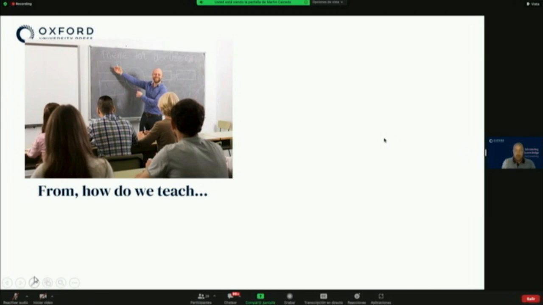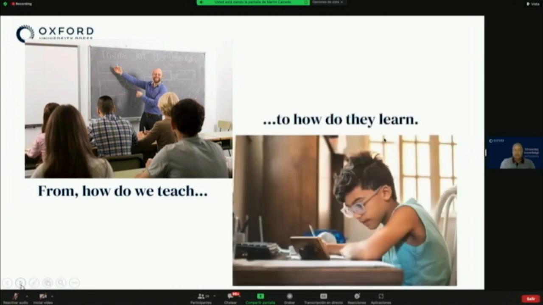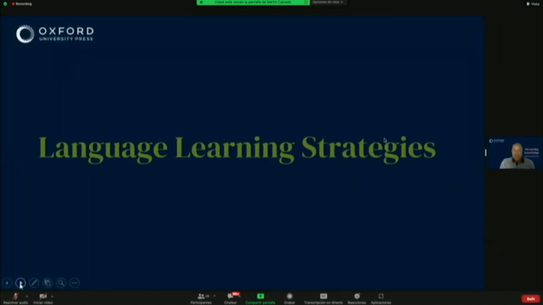How can I improve my teaching in or outside the classroom? And now the message is, let's shift that into how our students are learning. What are those strategies that our students are learning? And better yet, those strategies can be taught.